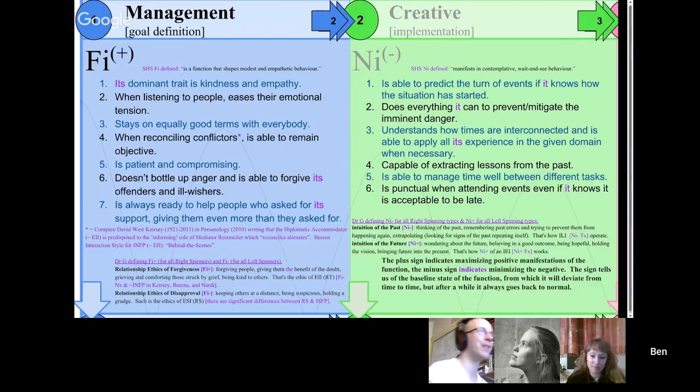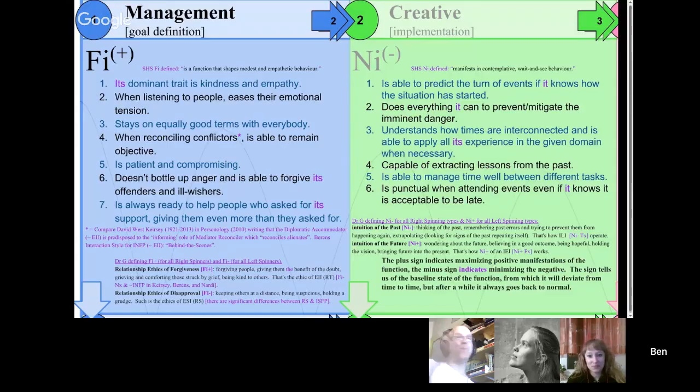Enforce the rules with ESTJ, or for the hell of it with ESTP, show who's best. And for ENTJ it's to get the stuff done. It's like, you're incompetent, I know what I'm doing, you do that.